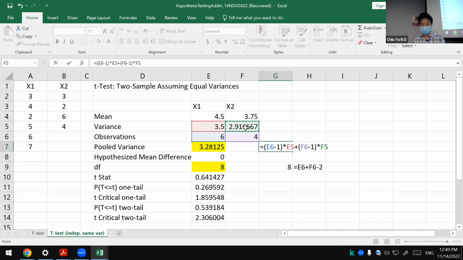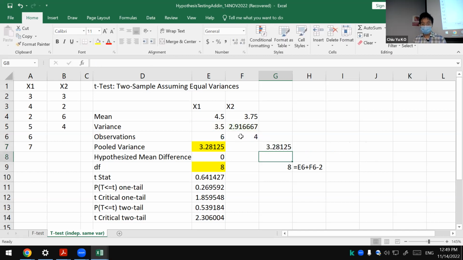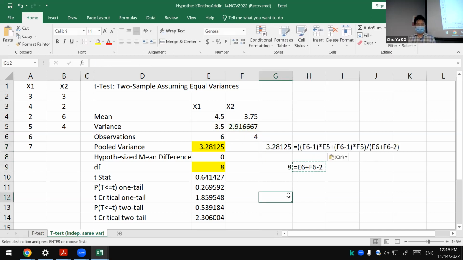And the overall numerator, because it's a weighted average, is divided by the sum of the weights, which is the degrees of freedom, N1 plus N2 minus 2. So these are the two things that I think you should know, how you arrive at the rest.